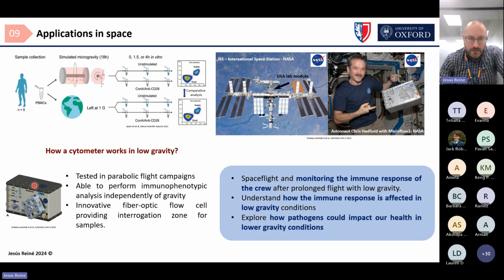So they developed a new cytometer called Microflow 1, which was tested in many parabolic flight campaigns. Basically, they take the cytometer on a flight and try to simulate low gravity, emulating this kind of low gravity during the time of acquisition.